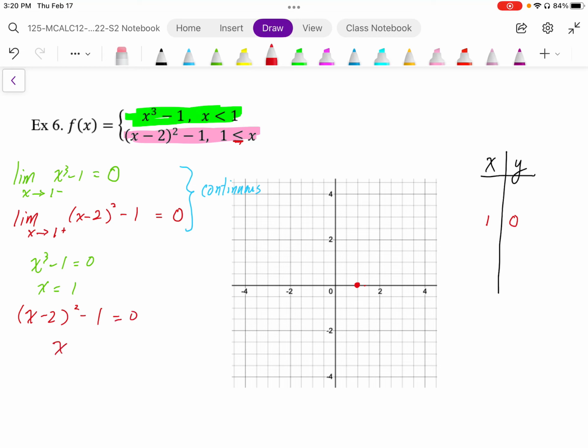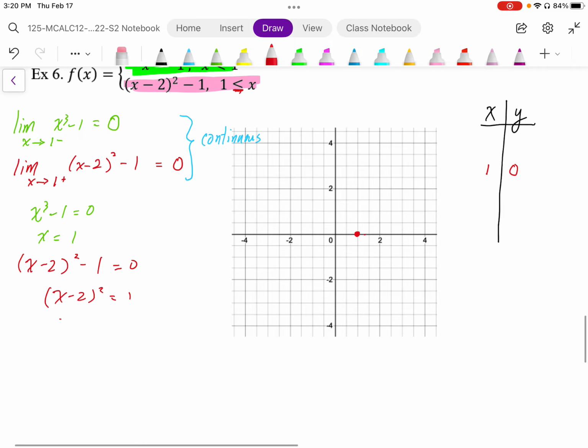So we end up with x minus 2 squared equals 1, x minus 2 equals plus or minus 1. So we get x is equal to, well, we already have the positive 1, but we also have a 0 at positive 3. So it's going to cross the x-axis at 3.